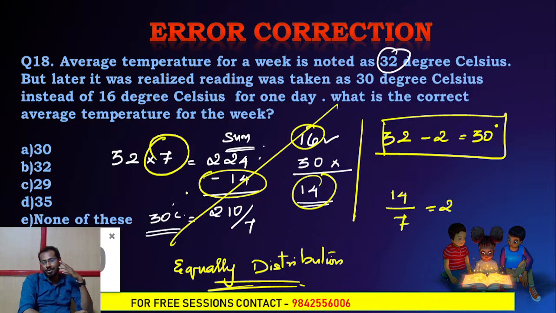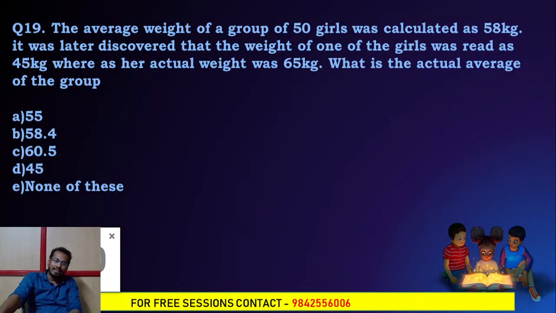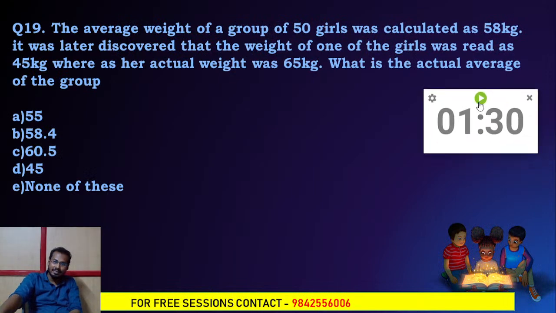Okay, so if you understand the basic concept, it is very very easy. And next I'm going to give you one more sum. In that sum, this method will be very very easy because there is a decimal value; using this trick we can get the answer easily. But if we go the other way, it will take too much time. Okay, let's try the next problem and give your answer fast.